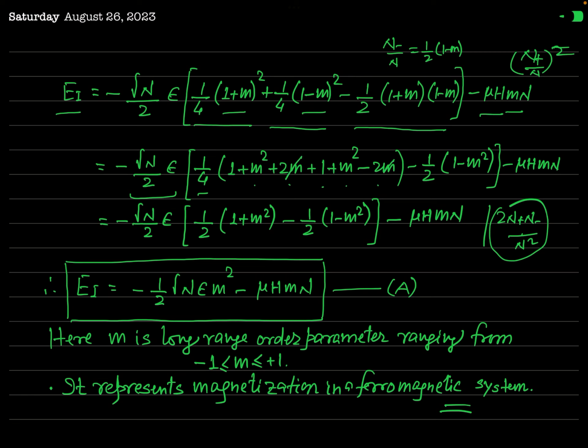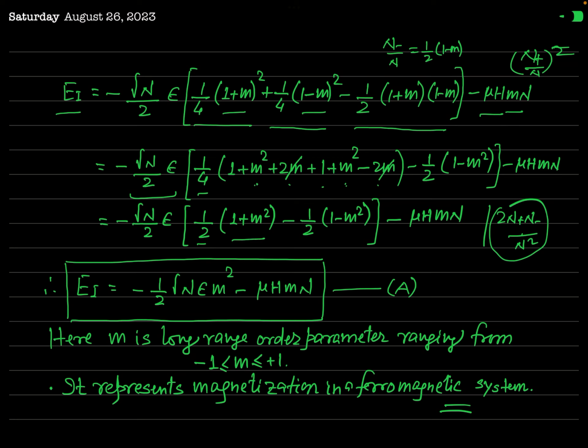So this 2m and 2m will cancel out. Now 1 plus 1 will be 2, and m square plus m square will be 2m square. So we will take 2 as a common factor, and that 2 will cancel out, and here there will be a number 1 by 2, and the remaining factor will be 1 plus m square.